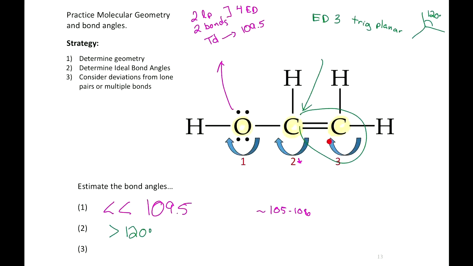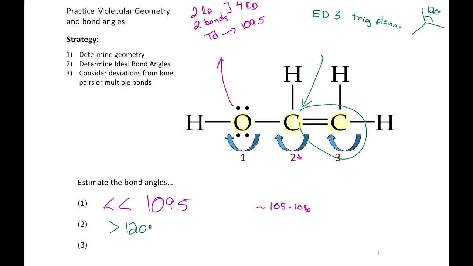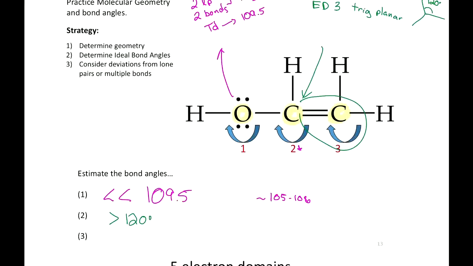All right, and then finally, this third bond angle, what's that going to be? We do the same exact idea. This has 3 electron domains, and it has a double bond present. So are we going to open up this bond angle or close it down? We're going to open it up again. So this bond angle is going to be slightly more than 120 degrees.